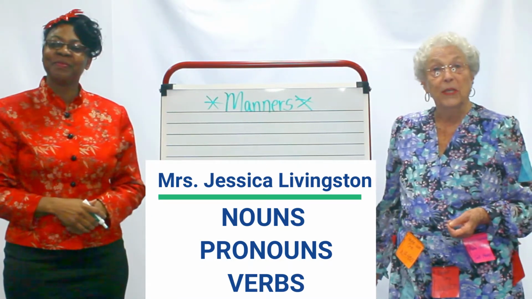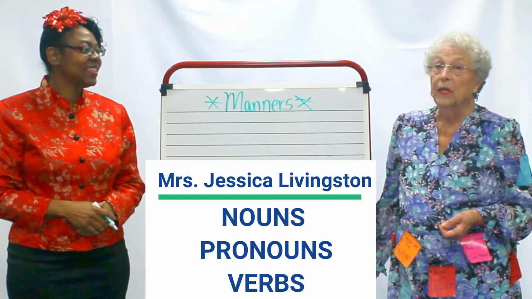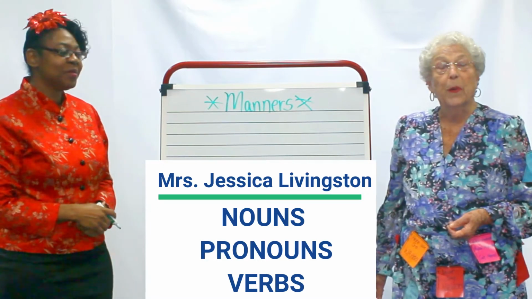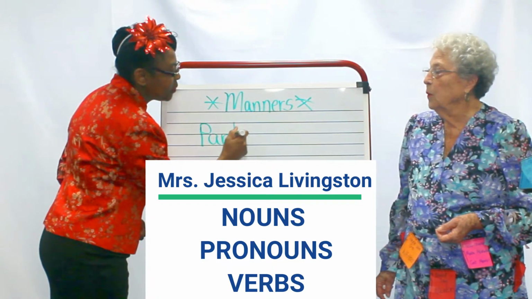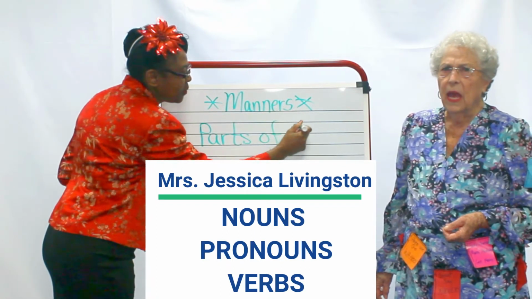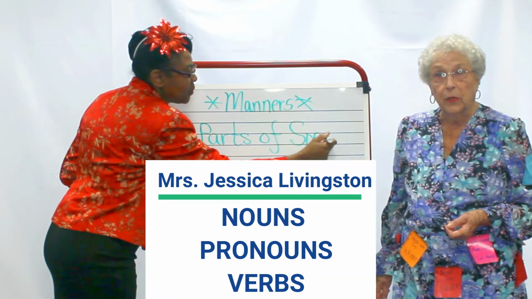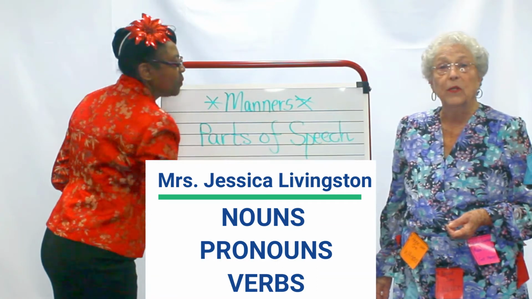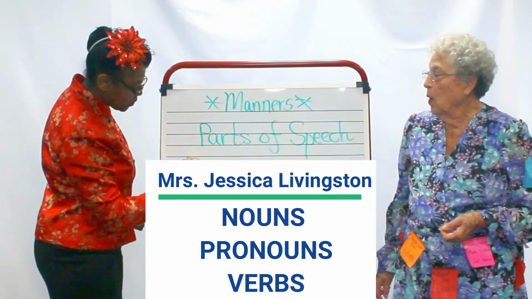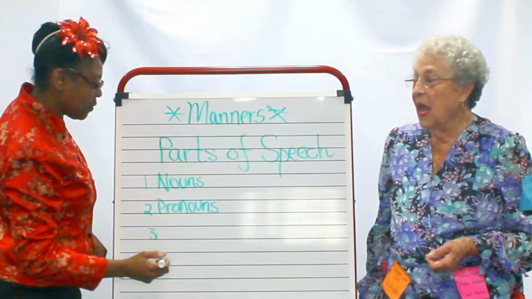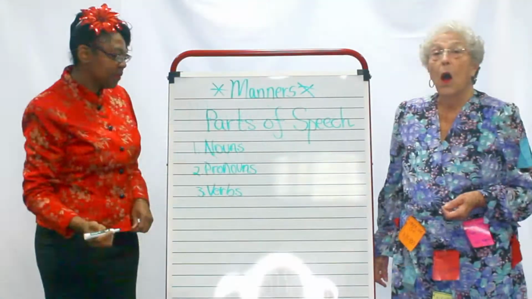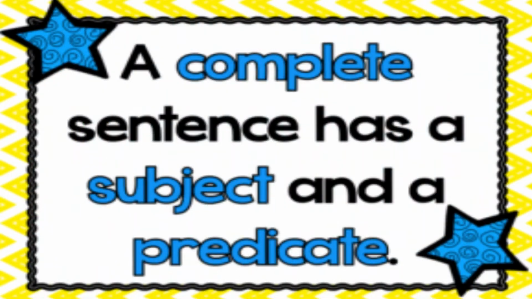You're welcome. Now, boys and girls, good morning. We're going to be learning today about parts of speech. Parts of speech include a lot of different words and a lot of different types of words. But today we're only going to be talking about 3 of them: nouns, pronouns, and verbs. All written sentences need to have a subject and a predicate.